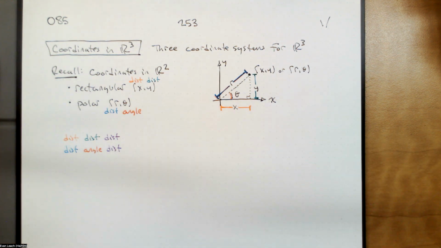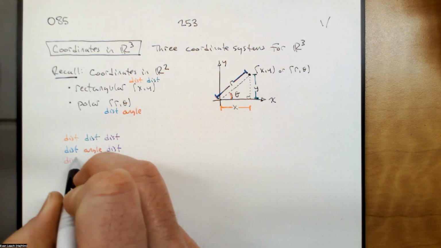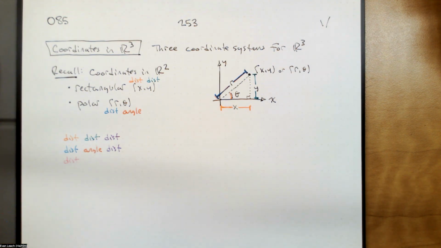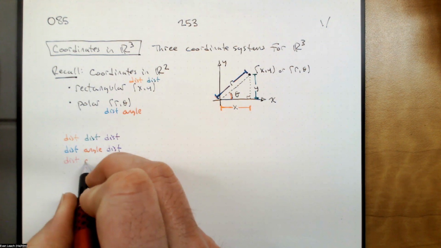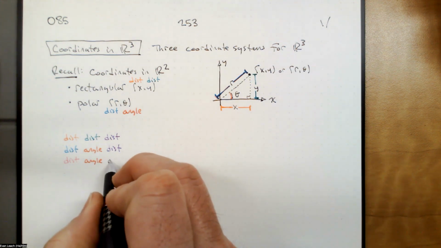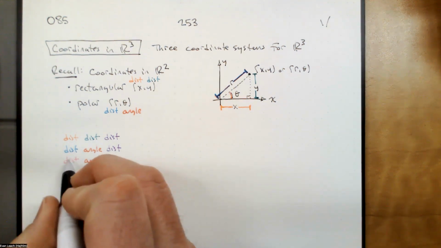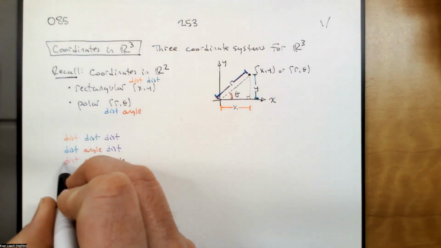Or we can go distance, angle, angle. Three dimensions, three possibilities, because we have to have at least one distance.